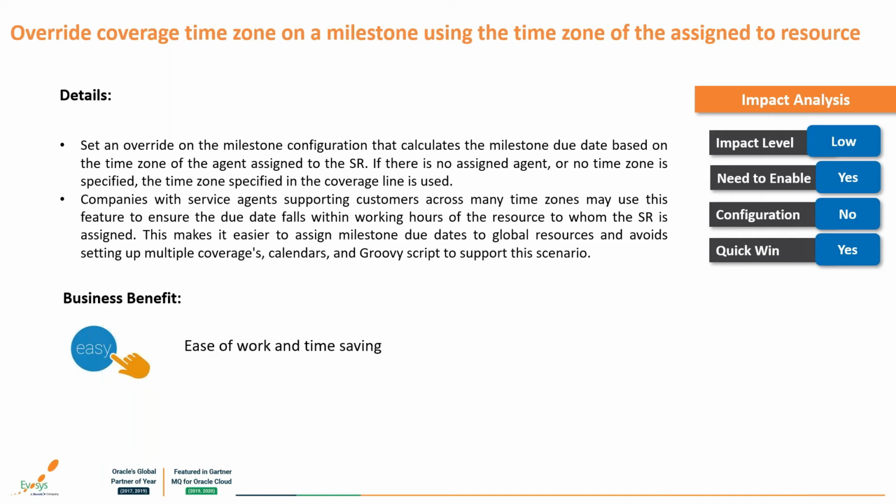So the milestone will be calculated based on the time zone of the agent. This makes it easier to assign milestone due dates to global resources and avoid setting up multiple coverages, calendars, and grouping scripts to support the scenarios.